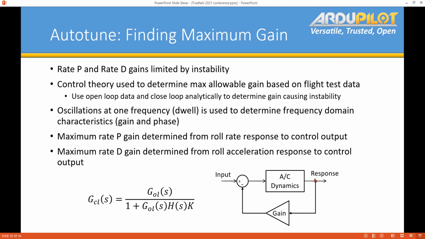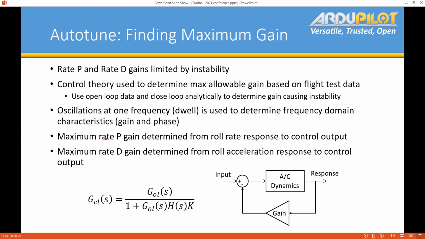For the open loop, we control the aircraft and put in varying frequencies until we see the 180-degree phase frequency. Then we can analytically close this loop based on that to determine what our max gain would be. That would give us 6 dB margin with the instability.